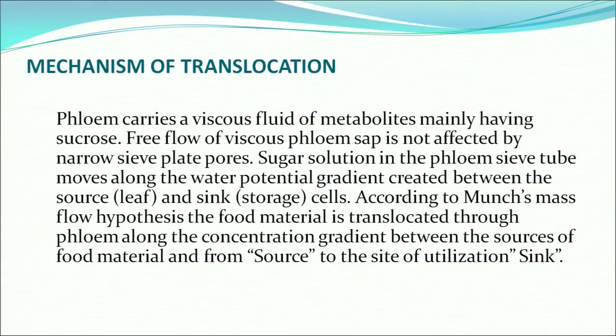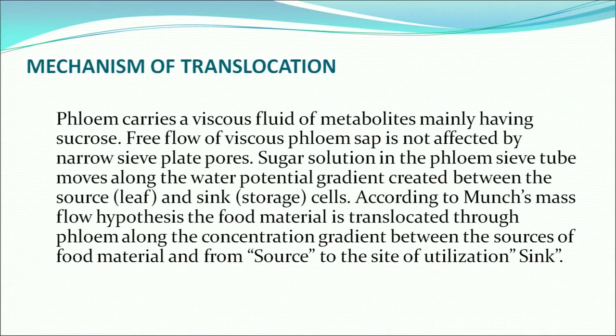Mechanism of translocation. Phloem carries a viscous fluid of metabolites, mainly sucrose. Free flow of viscous phloem sap is not affected by narrow sieve plates. Sugar solution in the phloem sieve tubes moves along the water potential gradient created between the source, that is the leaf, and the sink storage cells.